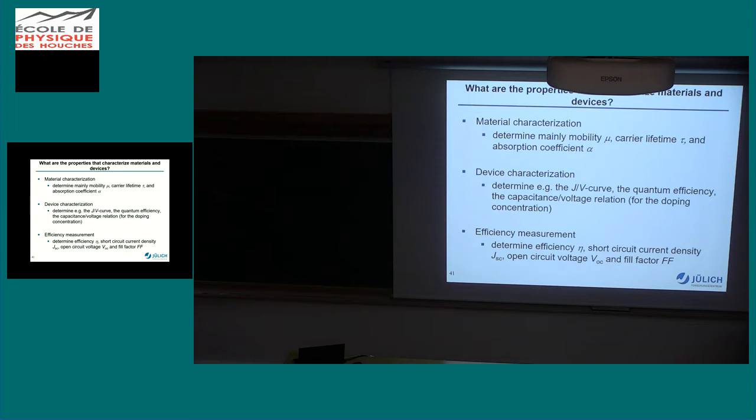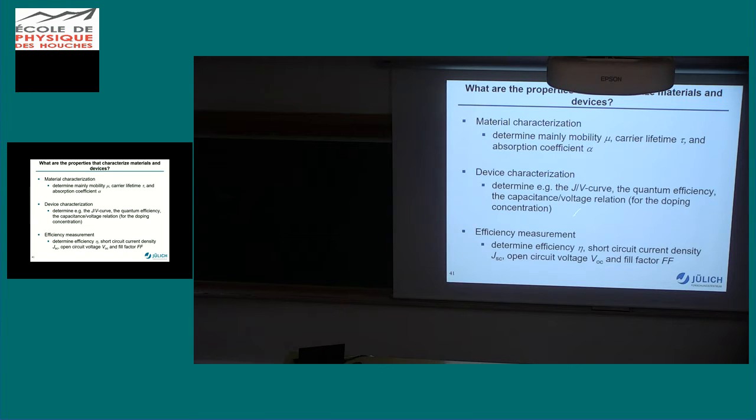So essentially we can say the product mu tau times alpha is a figure of merit. So you can somehow replace the one by the other, at least within certain limits, and those are really the important quantities for a solar cell as a material.